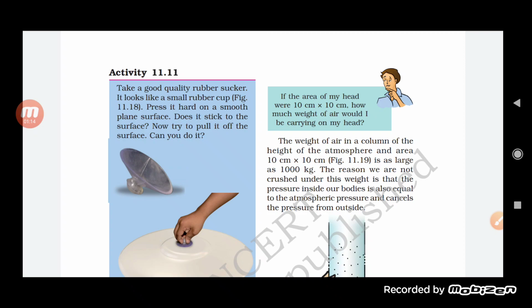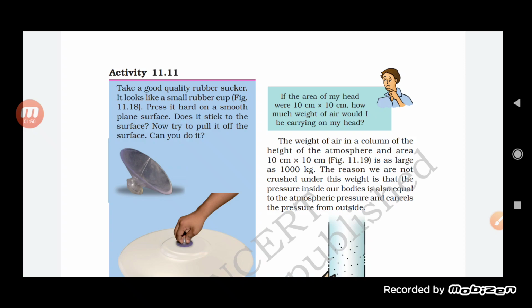Obviously, a broad strap will exert less pressure on the shoulder than a narrow one. Similarly, if we talk about heels, it is quite difficult to walk in heels rather than flats on sand, because the heel will exert more pressure and sink into the sand, so it is quite difficult.